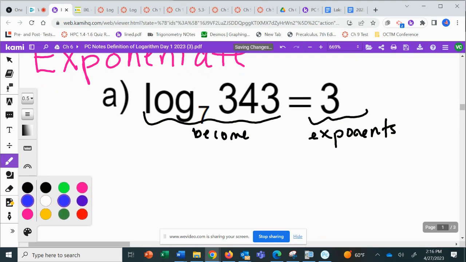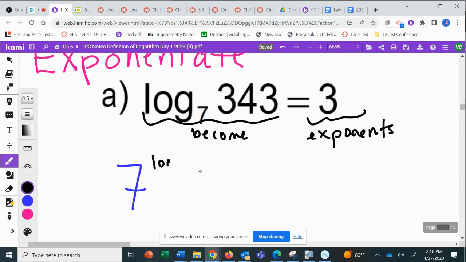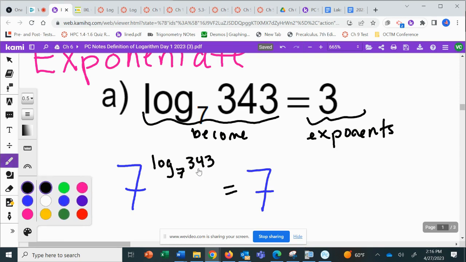I'm going to give it a base of 7 to the log base 7 of 343 equals a base of 7 to the third power. So whatever you do, you do to both sides. That's why I'm changing the color, so you can automatically see that I put a blue 7 on both sides. And as long as I do it to both sides, I can do whatever I want.